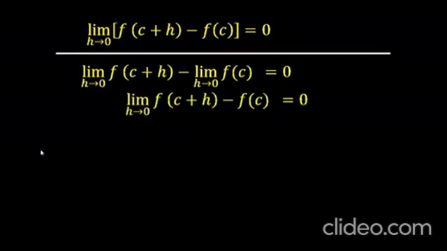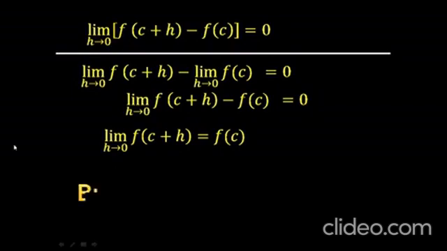So the limit exists and is equal to f(c). So the function becomes a continuous function at the point c. So we can say if it has differentiability at the point c, then it is also a continuous function.